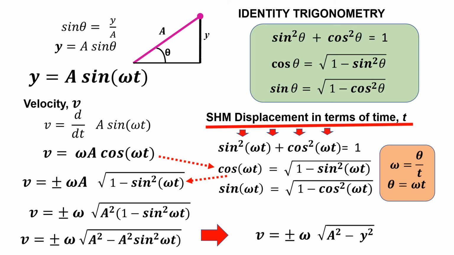Perhatikan apa-apa saja yang melibatkan square root, akan ada plus minus sebagai nilai v.